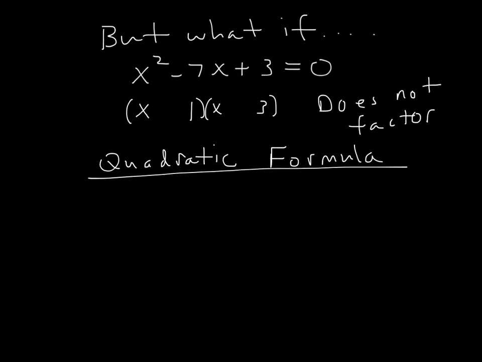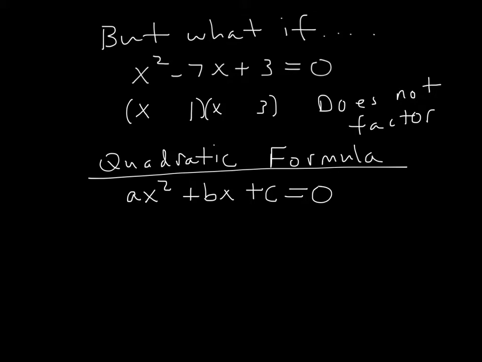And if we have an equation that's in this form, ax squared plus bx plus c equals 0. In other words, the a, the b, and the c are just representing the numbers that are in front of the x squared, the x, and then the c is just the constant over here, or the number without a variable.